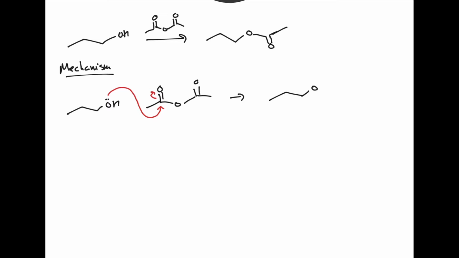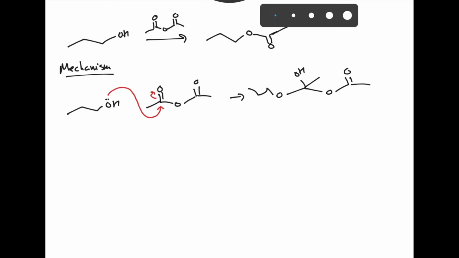We're going to go kind of right to, let me try to draw this the right way. There we go, that'll work. Right, because I don't want to have O minus and then a positively charged and then an acidic proton.